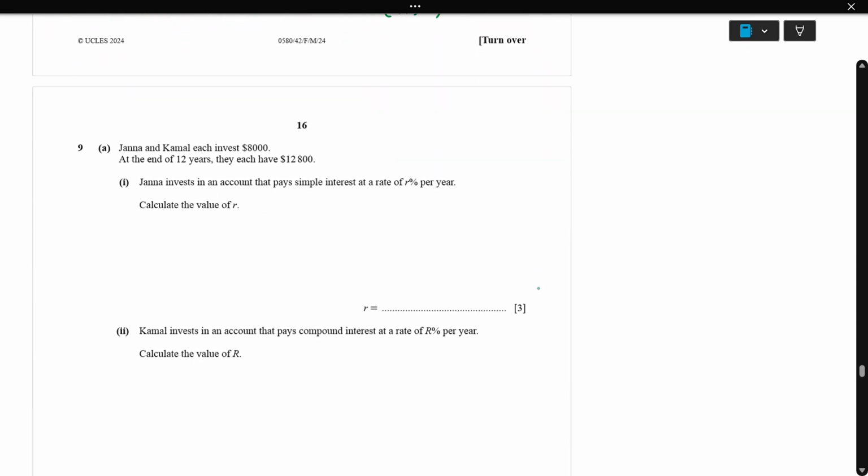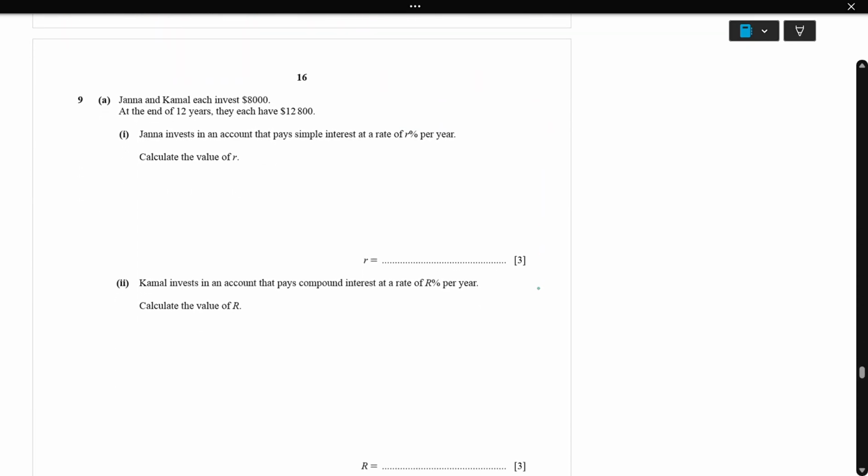Okay, so next, question number 9. Jana and Kamal each invest 8,000. At the end of 12 years, they each got 12,800. Both of them have 12,800. Jana invested in an account paying simple interest at a rate of R percent.